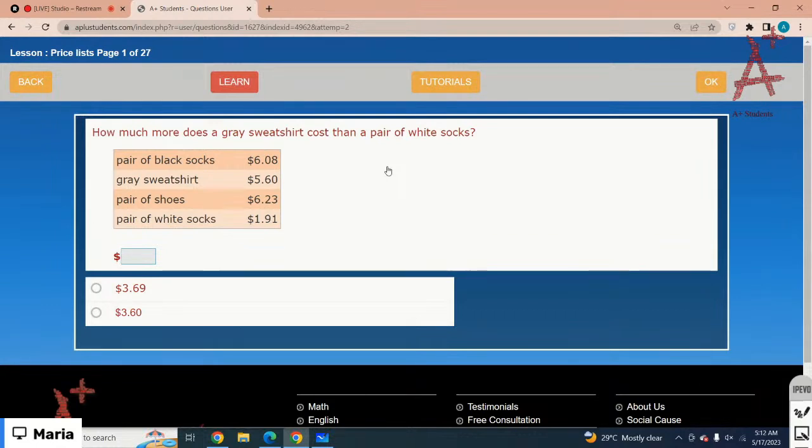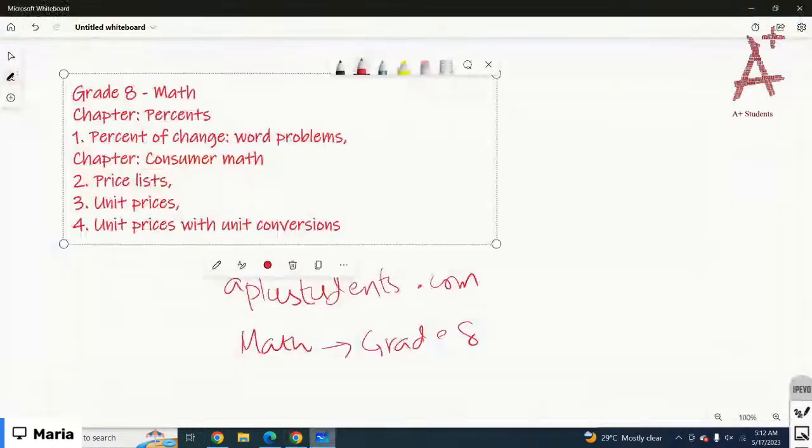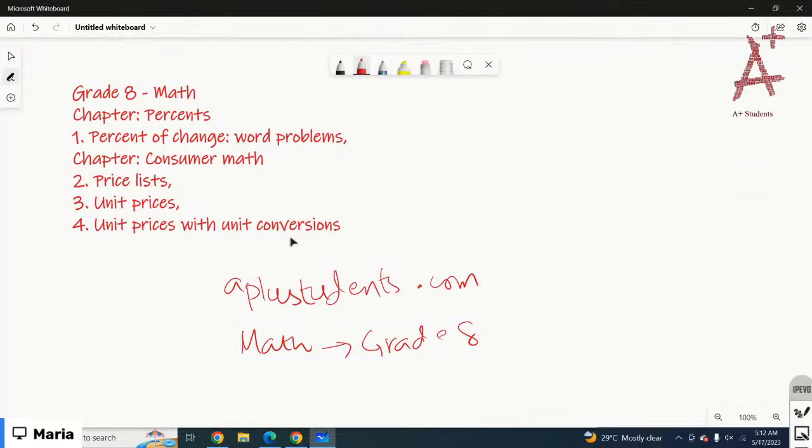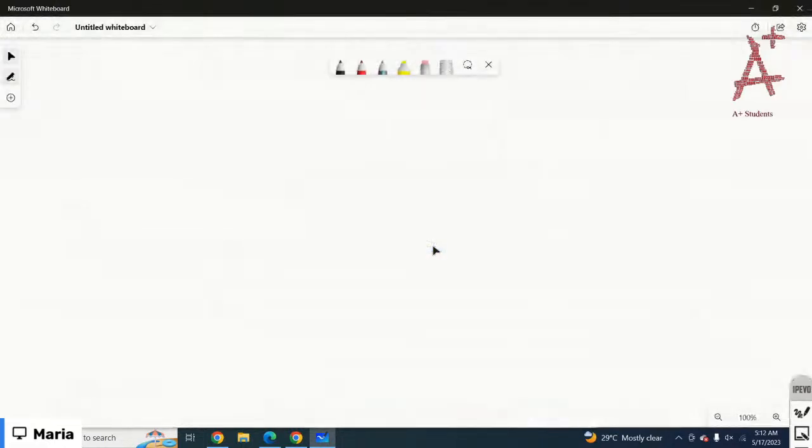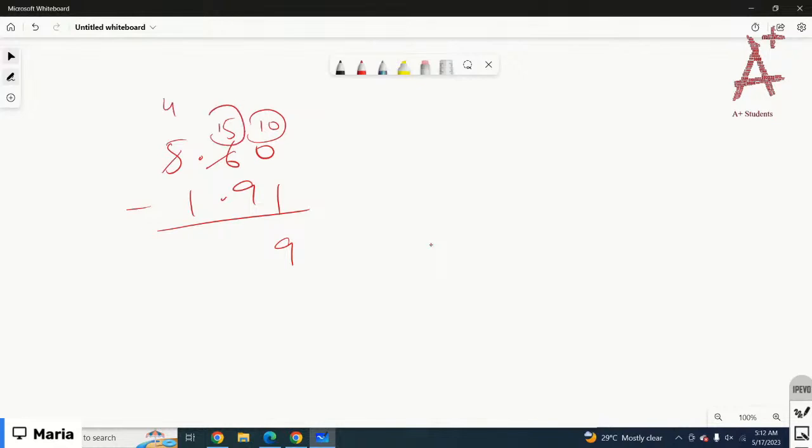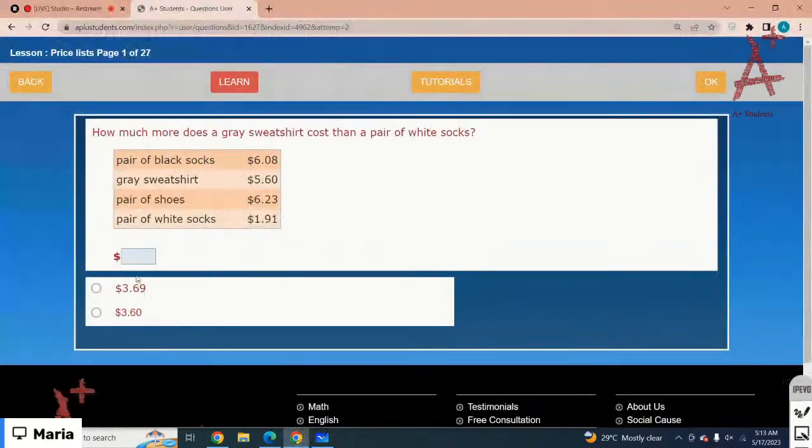You have to do 5.60 minus 1.91. Just subtract. You have to borrow one, it would be now 10 minus 1 is 9. You have to subtract again, 15 minus 9 is 6. And here you have 3. That means the gray sweatshirt costs $3.69 more than the white socks. Got it?